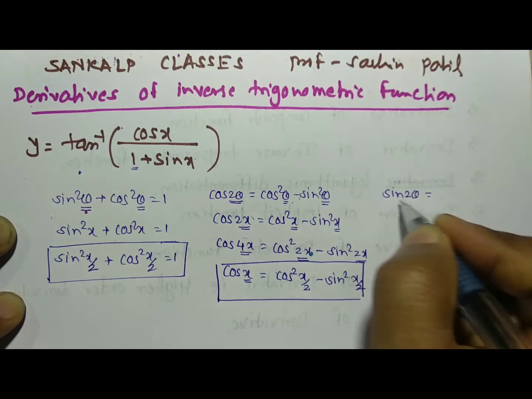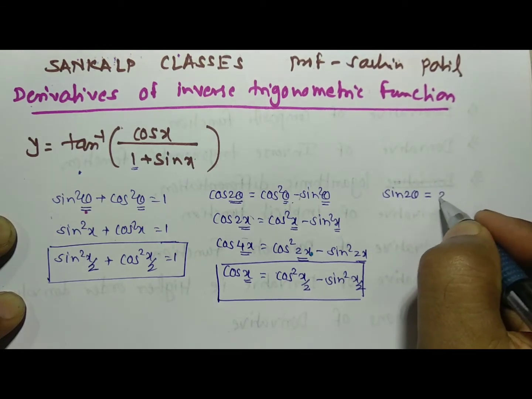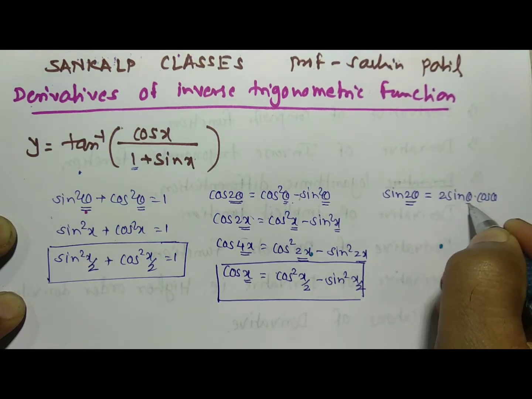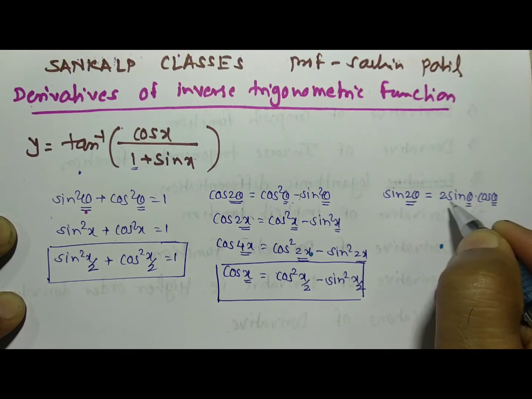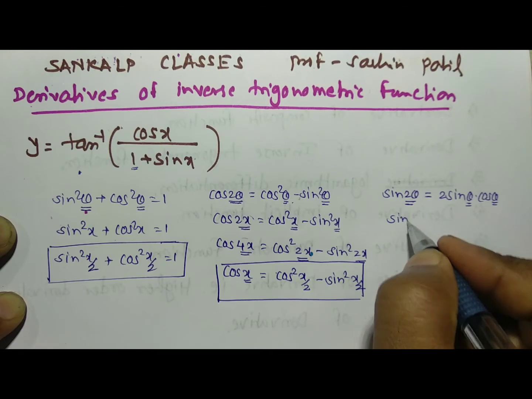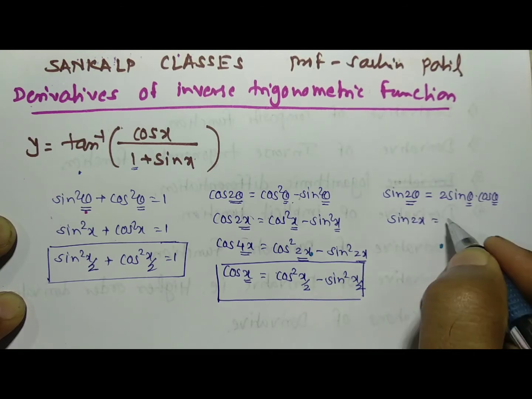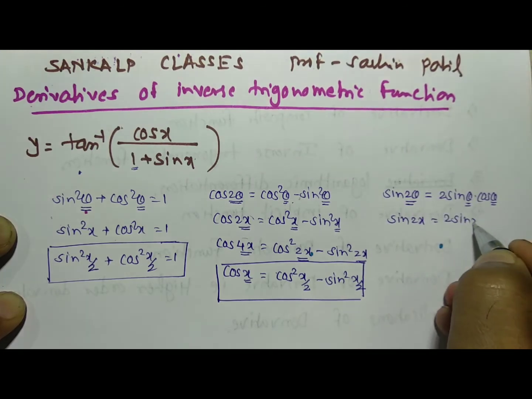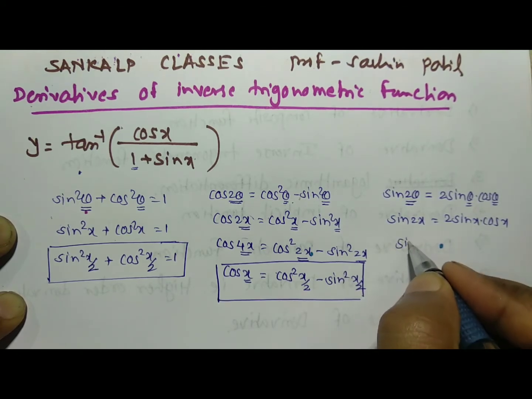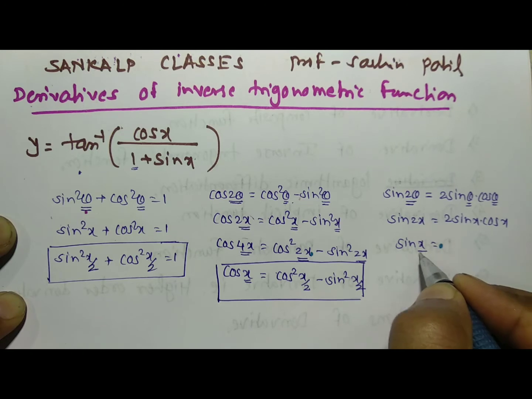We know that the formula sine 2 theta is equal to 2 into sine theta into cos theta. That means once again 2 theta is here, then you will take theta in the right hand side expression. Similarly you can find sine 2x, which is 2 sine x into cos x. Then you will get sine x on the left hand side.